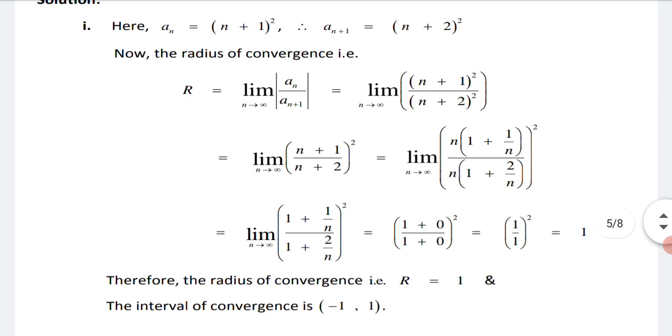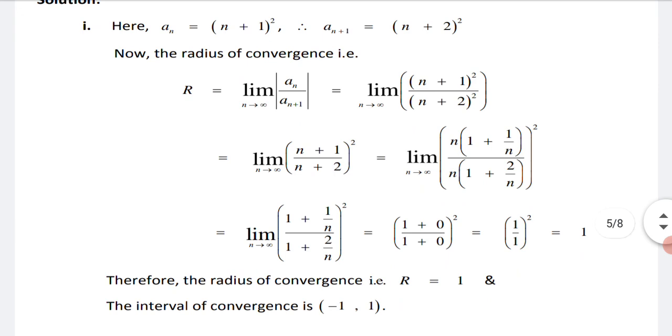Now the radius of convergence, that is r, is equal to the limit of modulus of an by an plus 1 as n tends to infinity, equal to the limit of n plus 1 whole square by n plus 2 whole square. Now the index is same, the base is different, so it is the limit of n plus 1 by n plus 2 whole square as n tends to infinity.